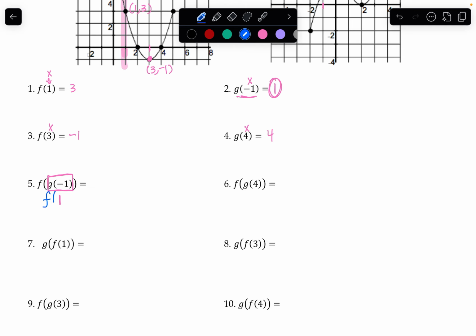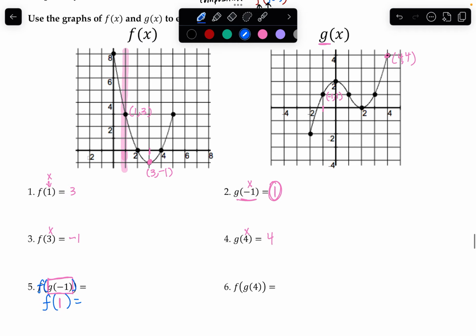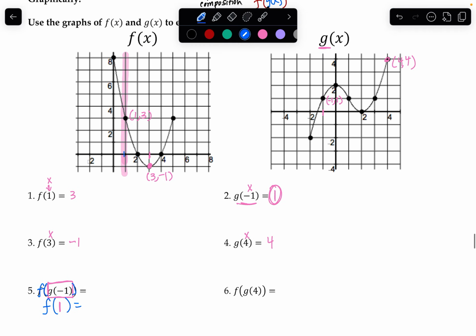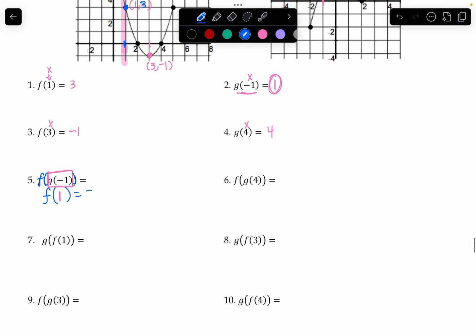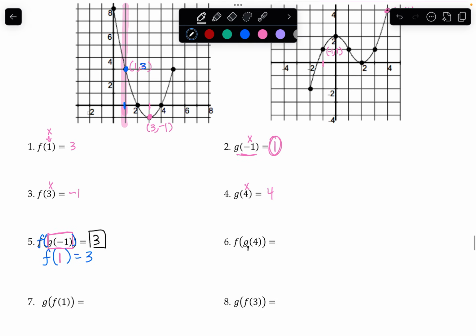And then the problem says f of 1, just taking f of the 1 we just found. So I have to go back to the f function, and we see that at f of 1, the output is 3. And so the answer to number 5 is 3. So you're just doing two functions in order from inside to outside.